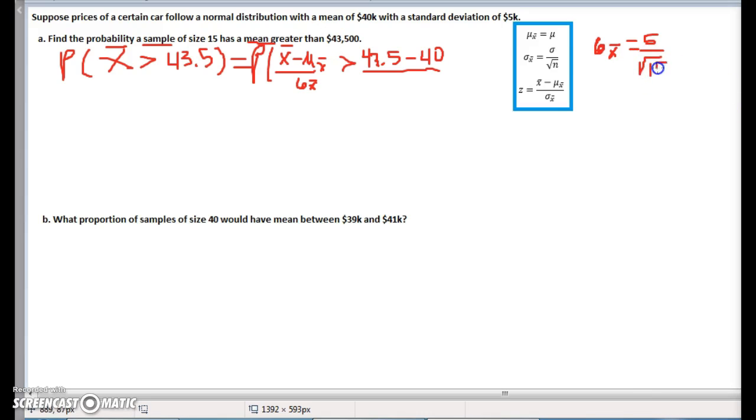If we plug this into the calculator, we will get sigma sub x bar is 1.291. So we now put this in, 1.291.